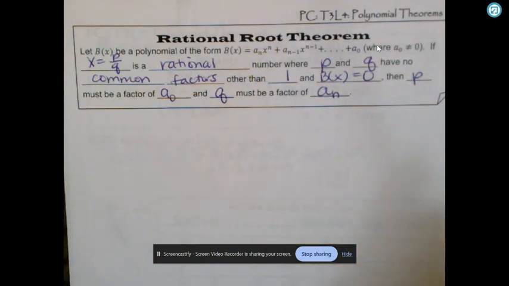All right, what does that mean? Well, let's put that to a problem.